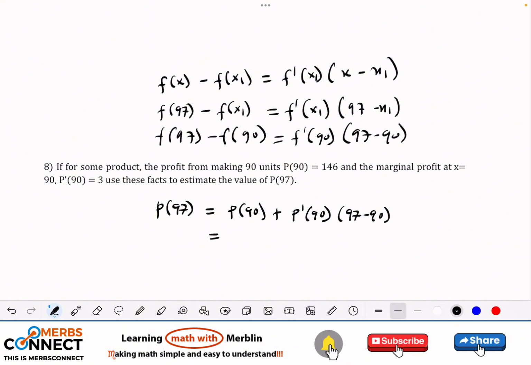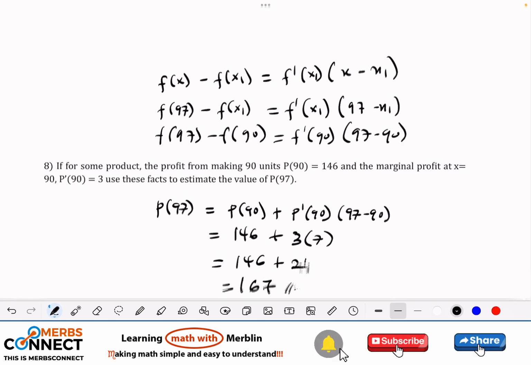So all the information is given. P of 90 is 146 plus P prime of 90, which is 3, times 97 minus 90, which gives us 7. So 146 plus 21, and when I add, I'm going to have 167.